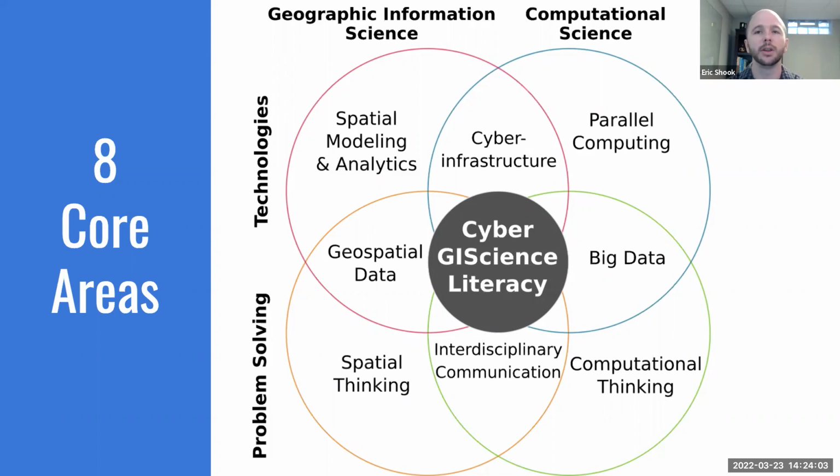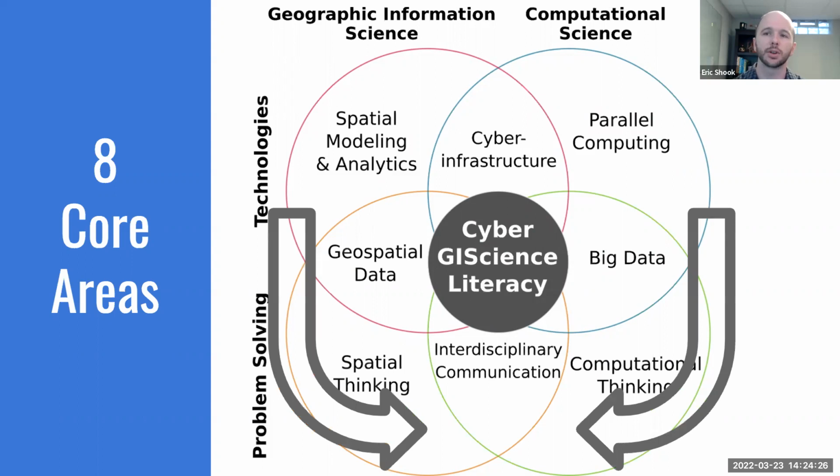And on the bottom, on the people and problem solving side, we have interdisciplinary communication to span the different ways of thinking for these two sciences. So in this way, as learners are gaining depth, as they're learning the methods, the data, the ways of thinking, they're also starting to bridge those ways of thinking through interdisciplinary communication and cyber infrastructure.